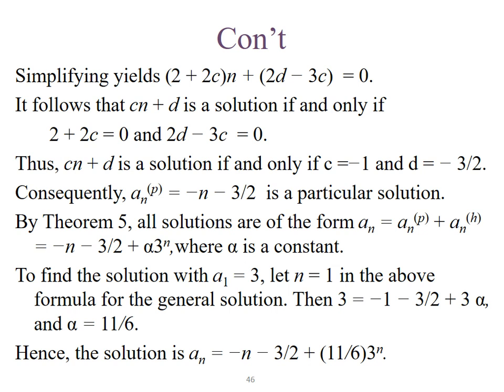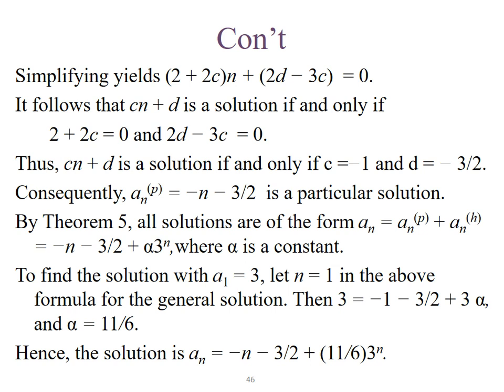Now we have two equations for the unknowns c and d, and we know c is -1 and d is -3/2. So this is our particular solution, a_n^(p) = cn + d, which is -n - 3/2.